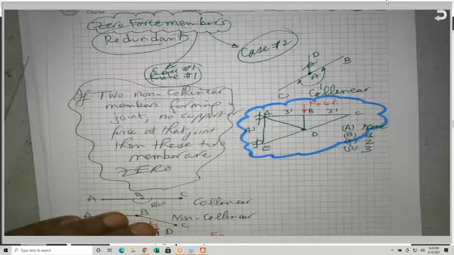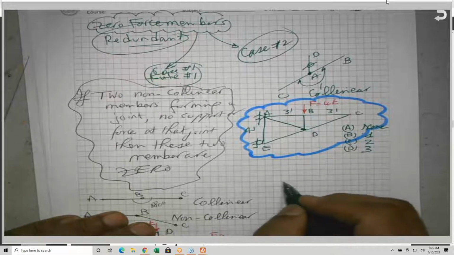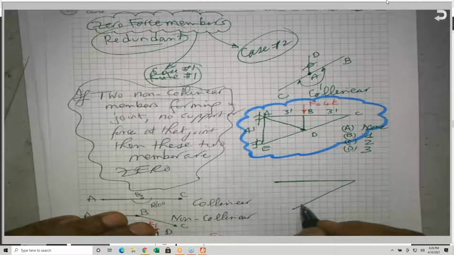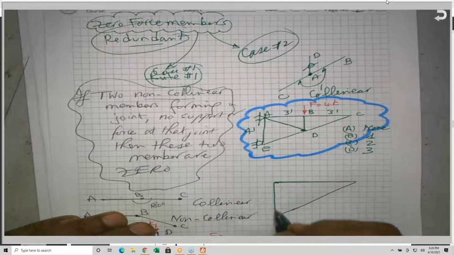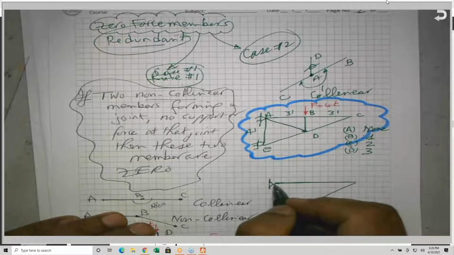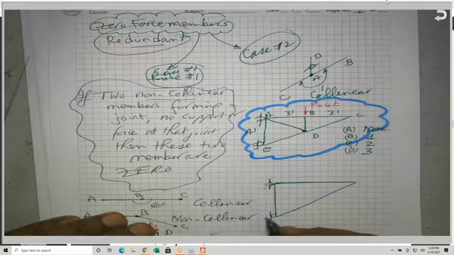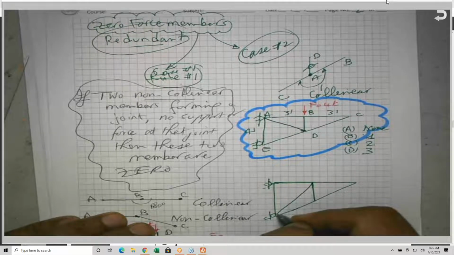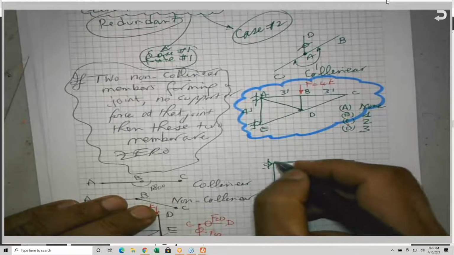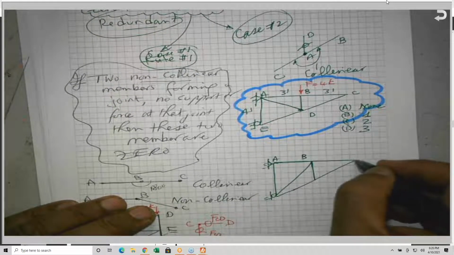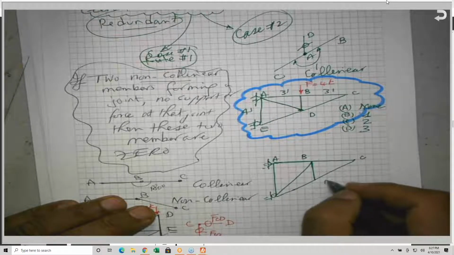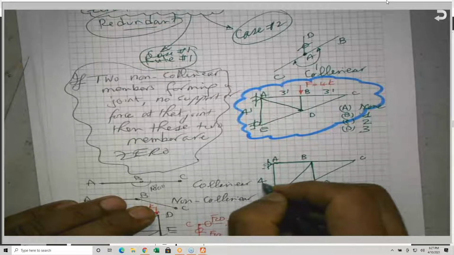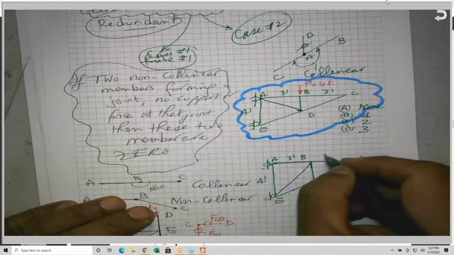And what about this truss? This is also A, B, C, D, and this is E. This is 4 feet also, and this is 3 feet here, 3 feet here.